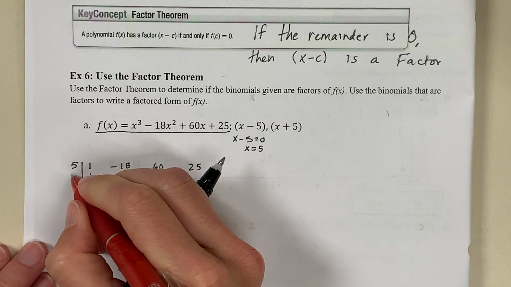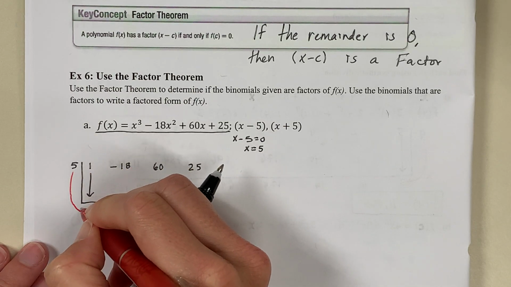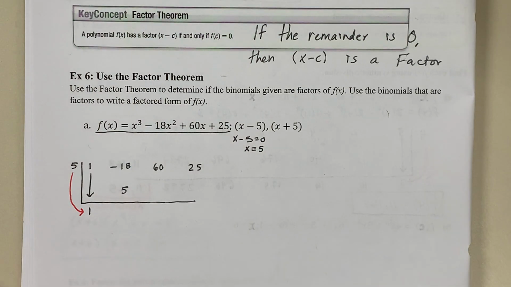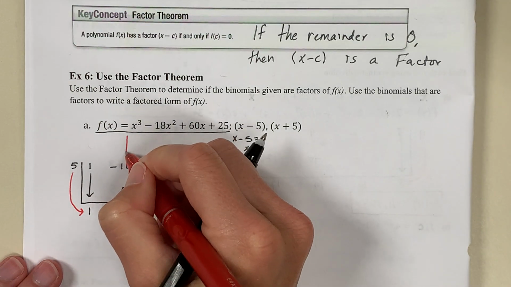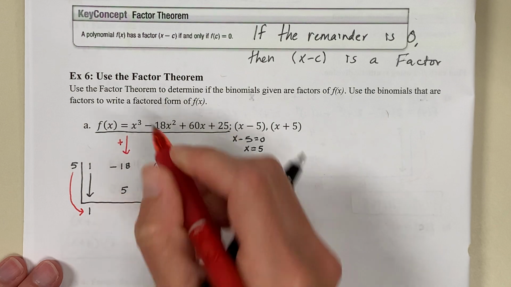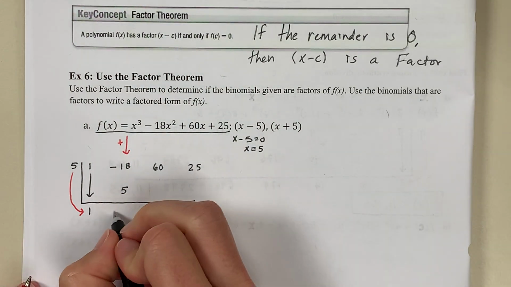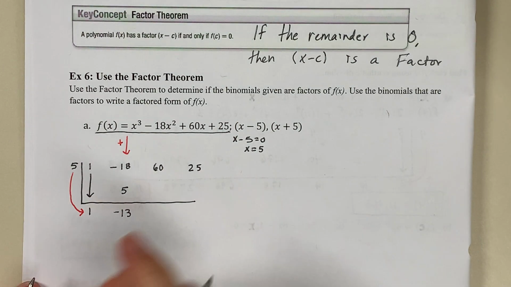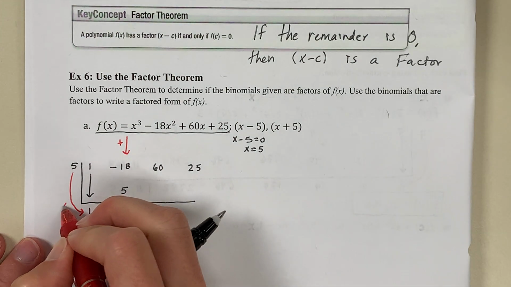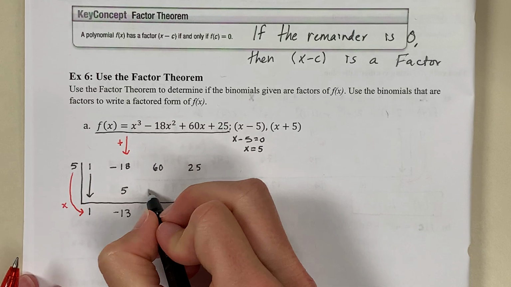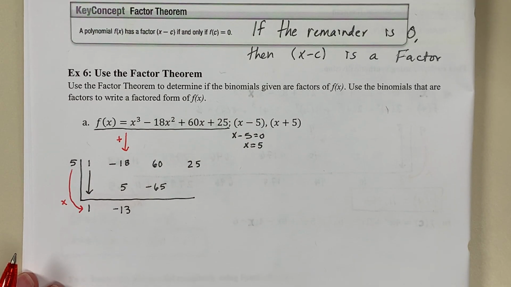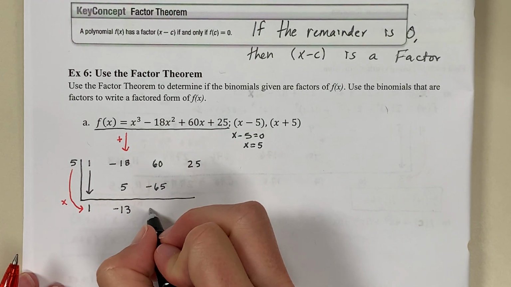We multiply the number on the outside with the number at the bottom. 5 times 1 is 5. Then I'm going to add what's in the column. Negative 18 plus 5 is negative 13. Then I multiply. 5 times negative 13 is negative 65. Pay attention to the signs. 60 plus negative 65 is negative 5.